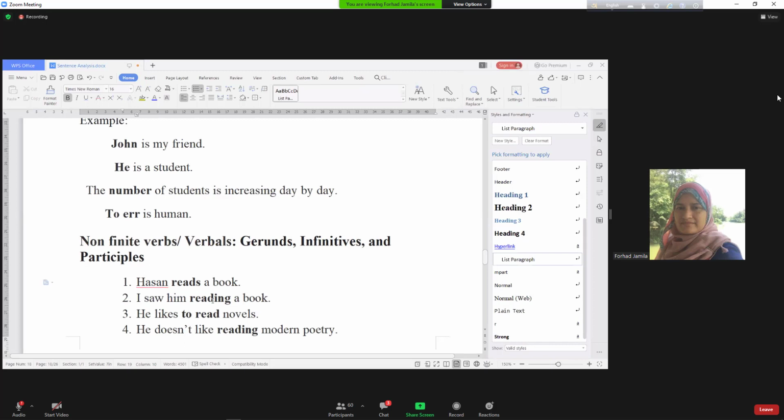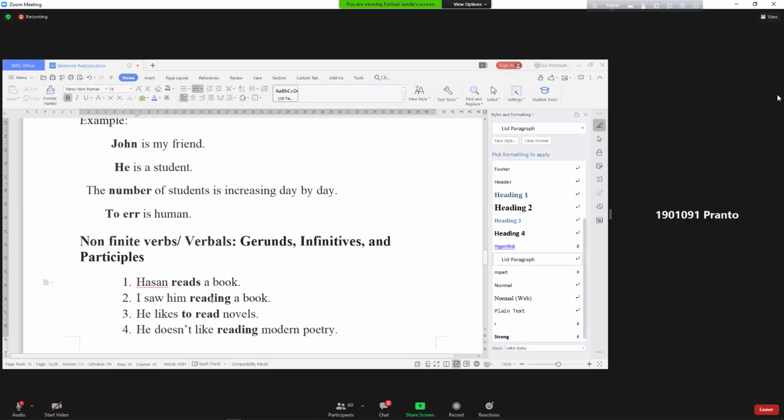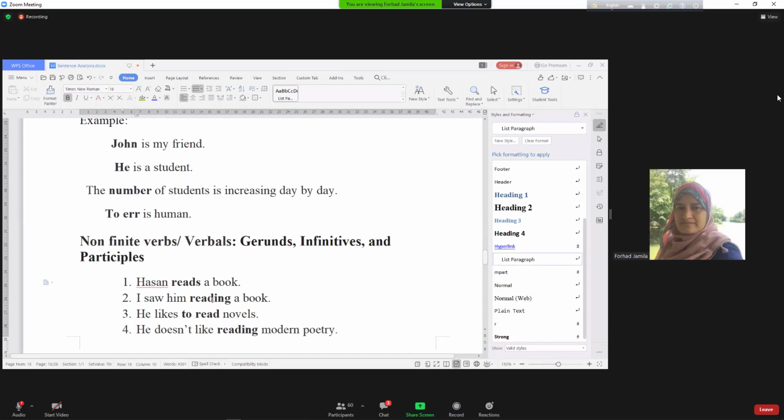আমি তাকে বই পড়তে দেখেছিলাম। কাজেই এই বই পড়তে, এই পড়তে ভার্বটা কাকে ডেসক্রাইব করছে? him, Him. So we know that the words that describe or modify noun and pronouns are called adjectives.